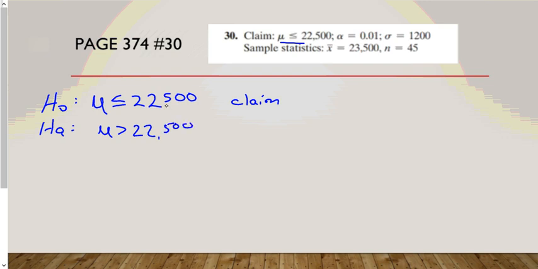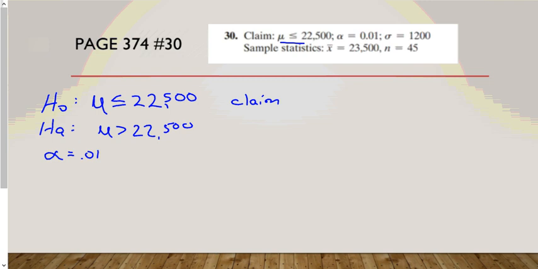Okay, and we want to test this at the alpha equals 0.01 level. Now, right away, I do have some evidence here that suggests this might not be true, right? So that makes sense to go ahead and run this test. They're claiming that it's less than 22,500, and it seems to me that my evidence is probably going to end up rejecting that. I don't know. Let's see if it fits.